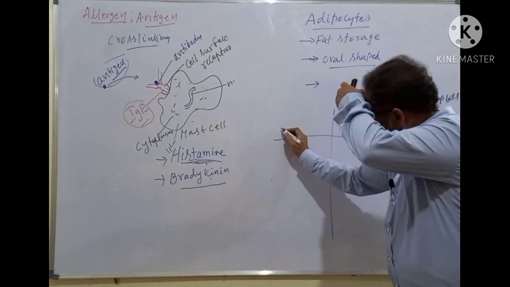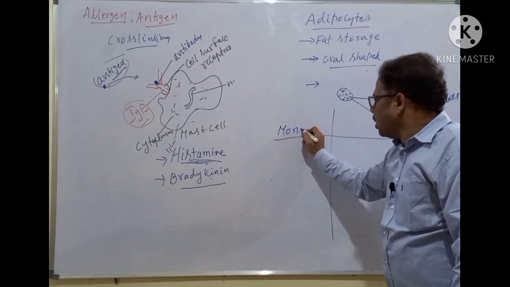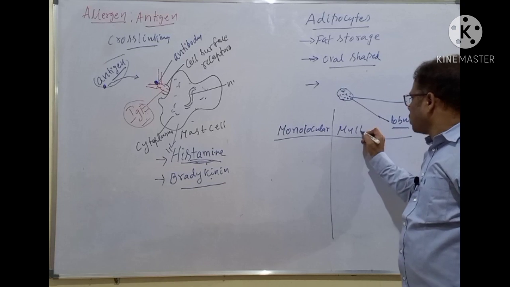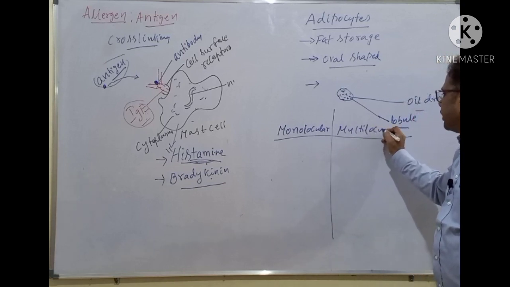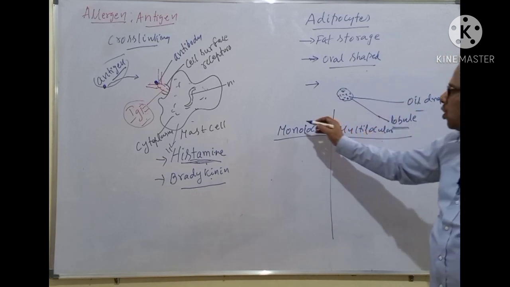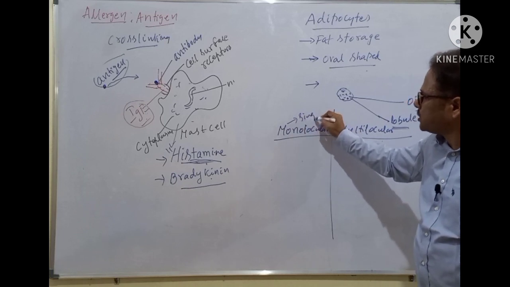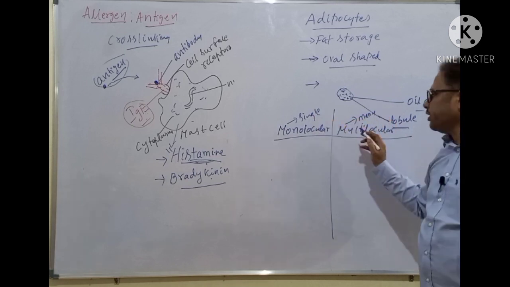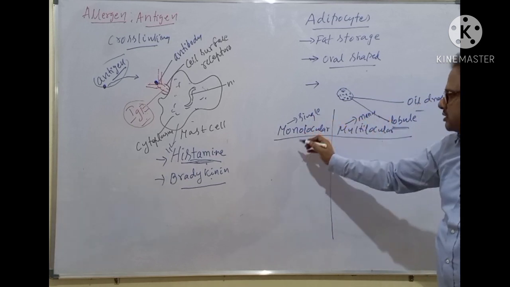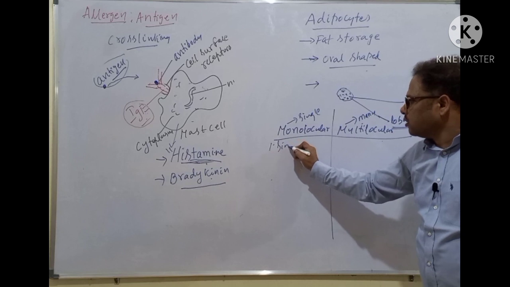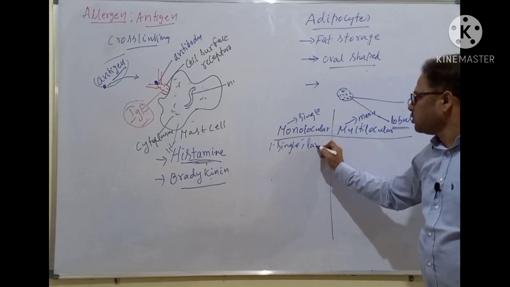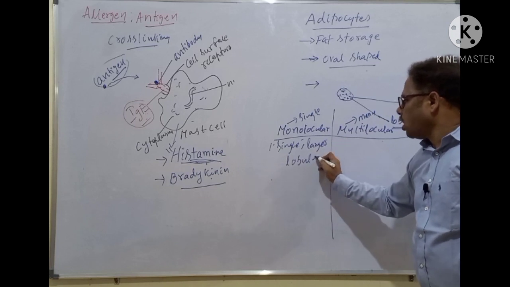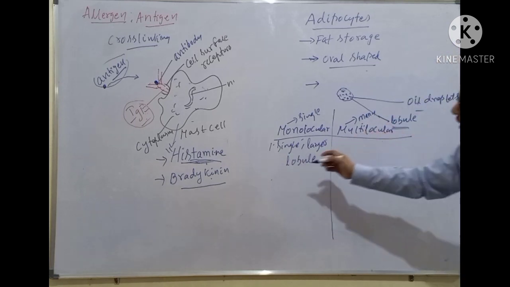One is called monolocular. The other is the multilocular. Mono means single, and multi means many. So as the name indicates, monolocular contains a single larger lobule, only a single one.